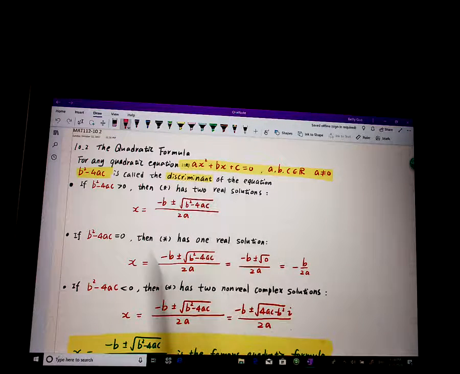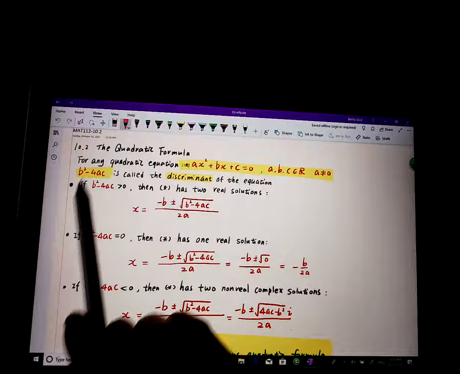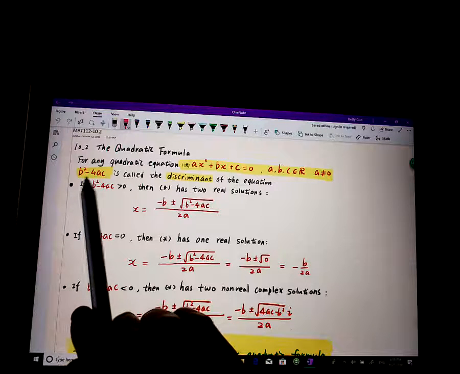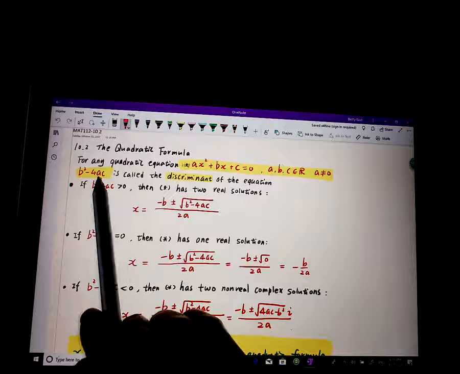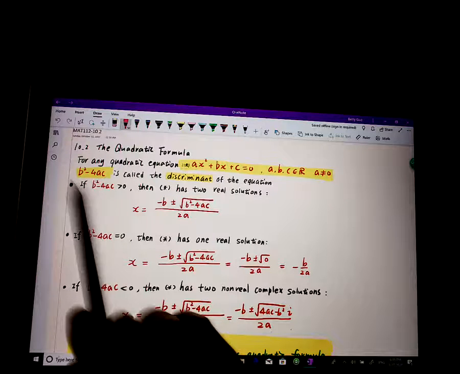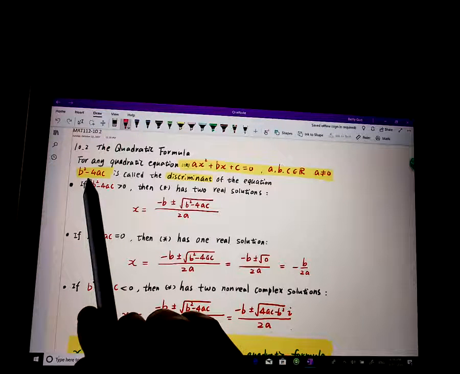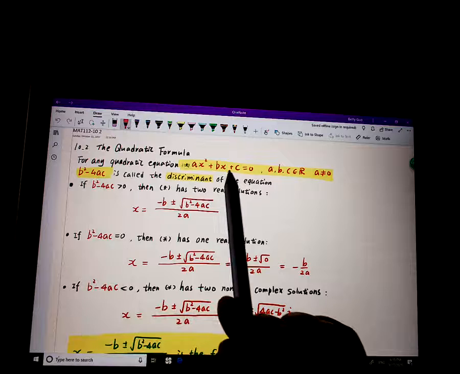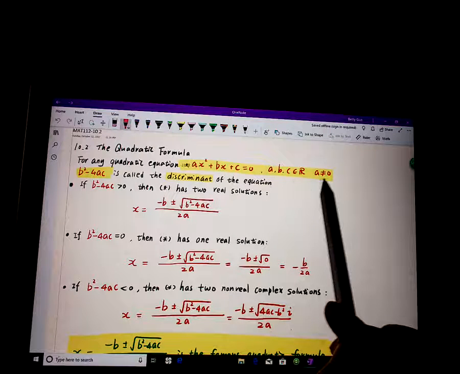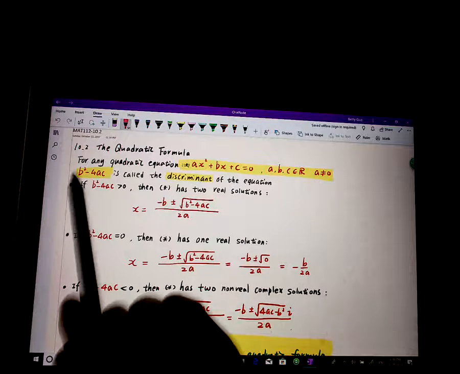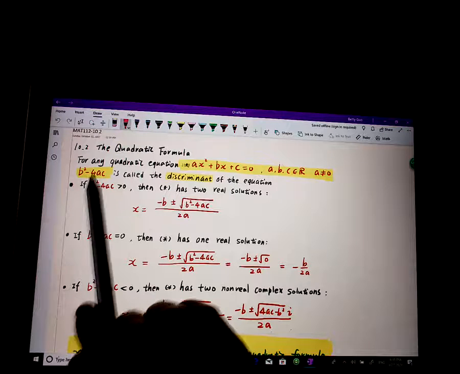Okay? And we define the value of b squared minus 4ac. This expression contains all three coefficients, A, B, C, in the equation. We know A, B, C are numbers, so the expression b squared minus 4ac is going to be a number as well.